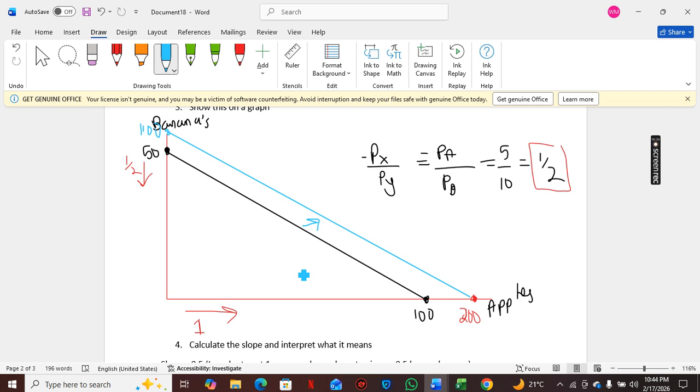The slope will still stay the same, but there's a shift. So if you ever get asked in multiple choice what causes a shift in the budget constraint line, you just say income. If your income increases, it shifts to the right. If your income reduces, the budget constraint is going to shift to the left.